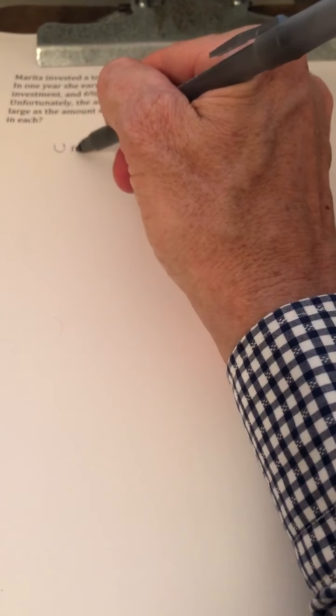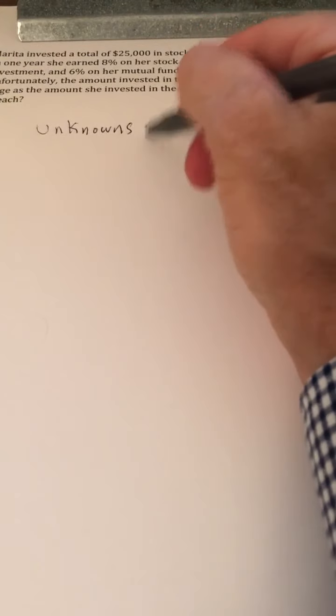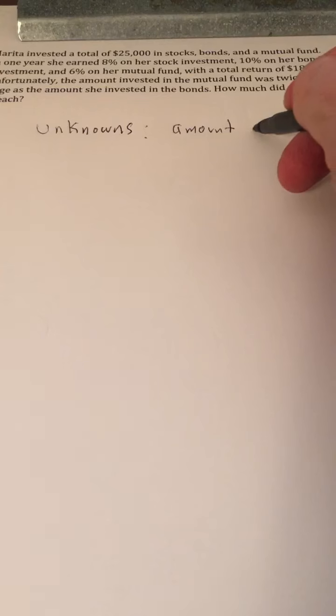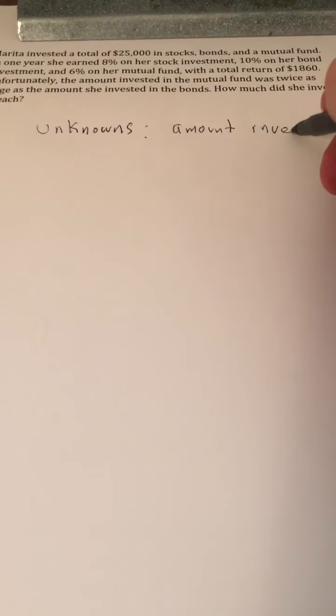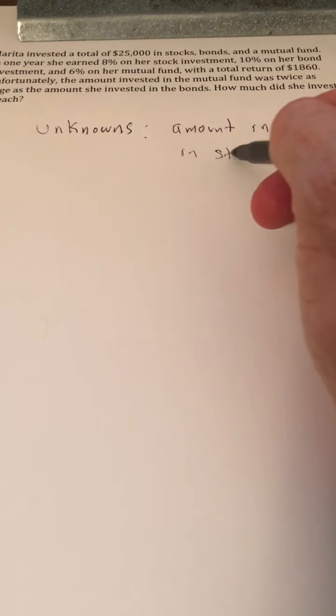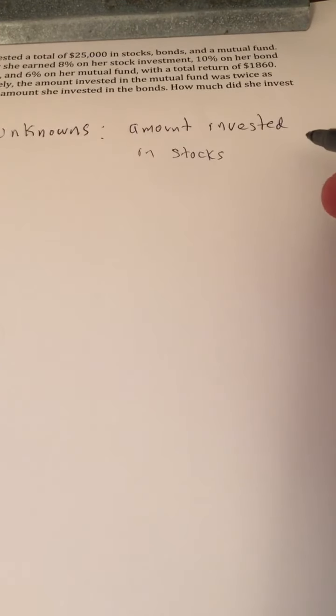So the unknowns, remember it's a word problem, so we want to identify the unknowns, right, is the amount invested in stocks, why don't we call that S?